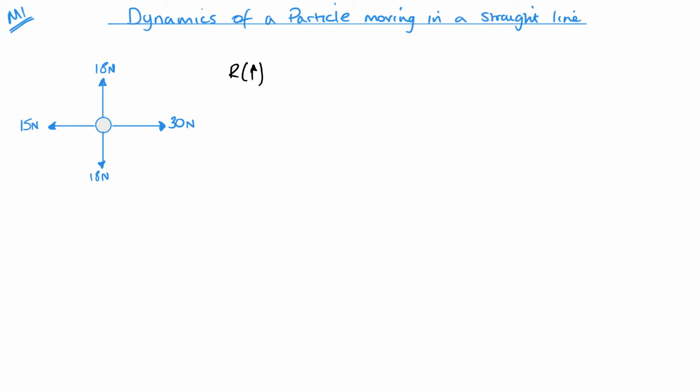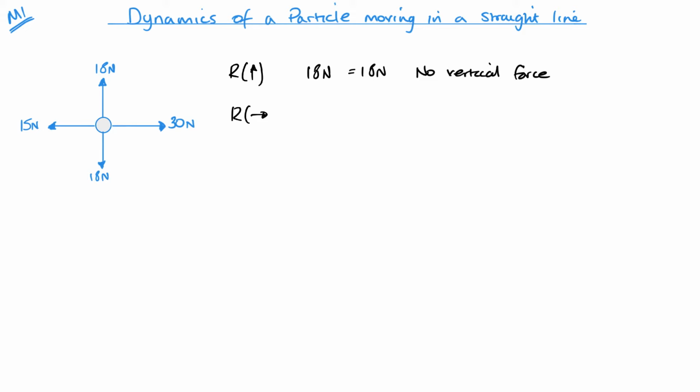And you can see here that we've got 18 newtons going up and 18 newtons going down. Those two are balanced, so no vertical force, because it's an equal and opposite force there.